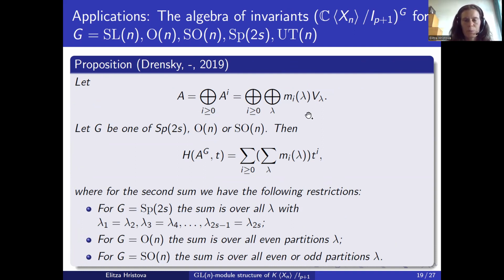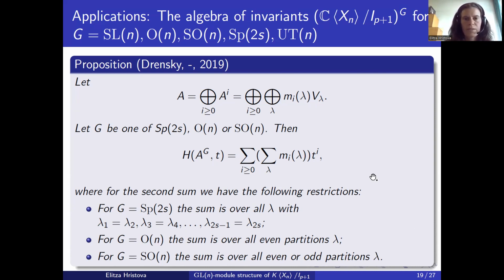And when we know the decomposition as a GLN module, then the Hilbert series of the algebra of invariants has this form, where when the group G is the symplectic group, the second sum runs over all partitions lambda such that lambda 1 is equal to lambda 2, lambda 3 is equal to lambda 4, and lambda 2s minus 1 is equal to lambda 2s. When G is the group ON, then the sum is over all even partitions lambda, and when G is the group SON, the sum is over all even or odd partitions lambda.